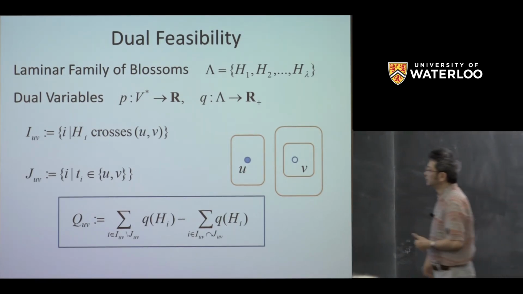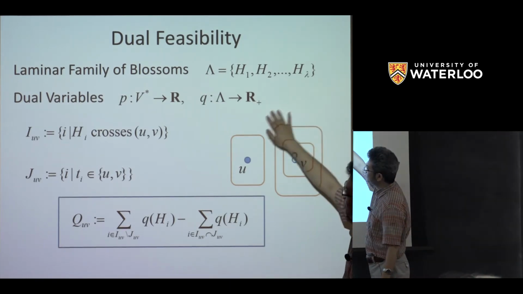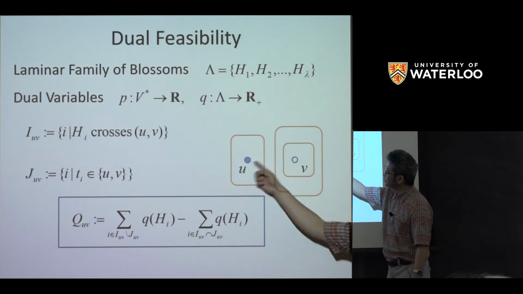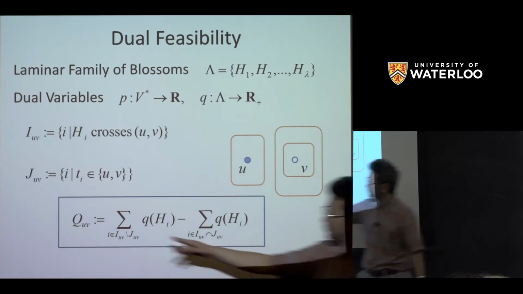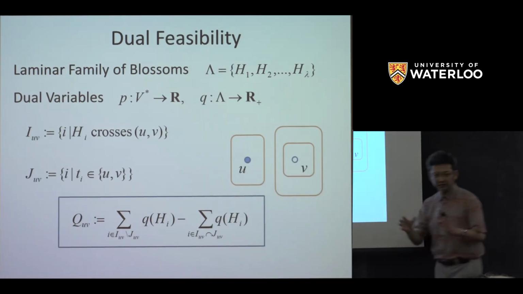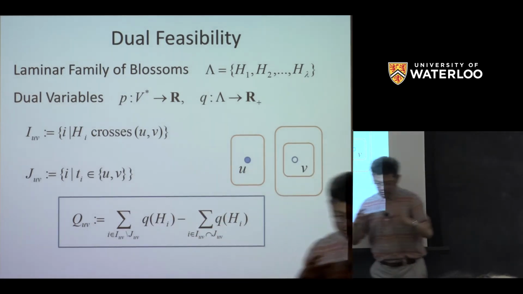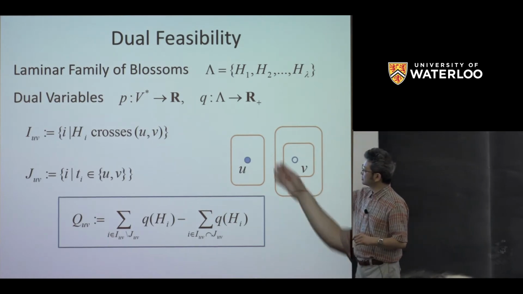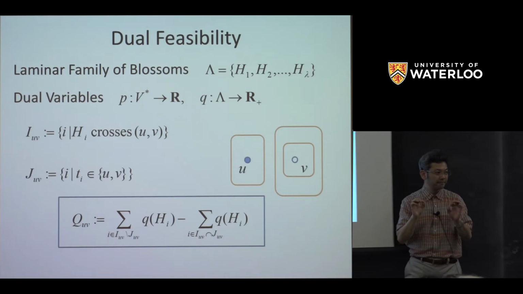Given this laminar family and these dual variables, for any pair of u and v, we can introduce a quantity called Q(u,v), which is basically the sum of the blossom variables among all the blossoms that separate u and v.